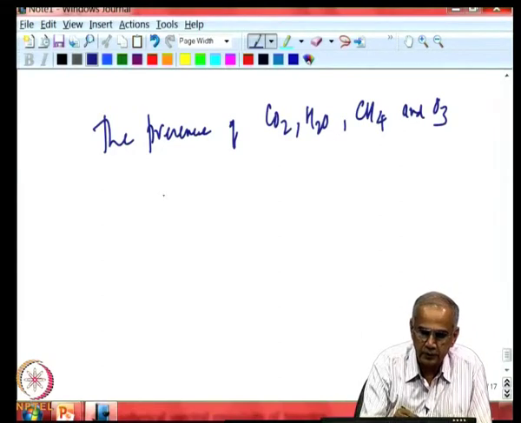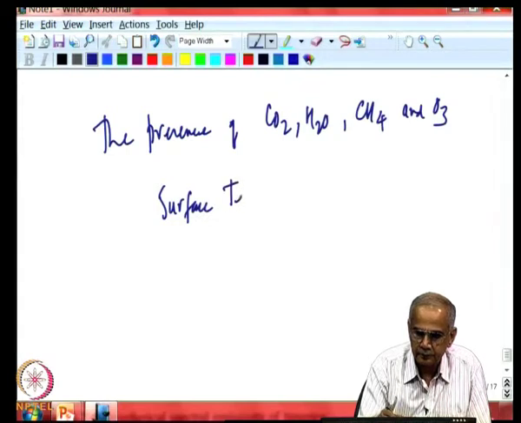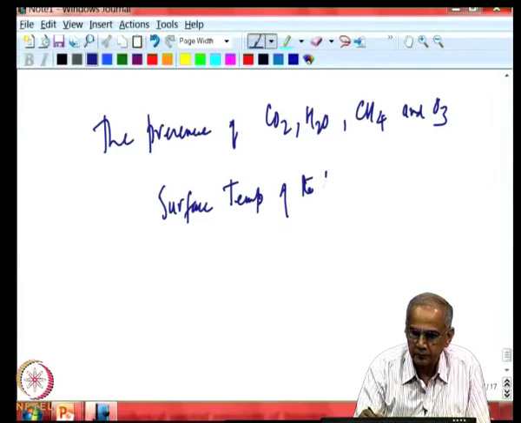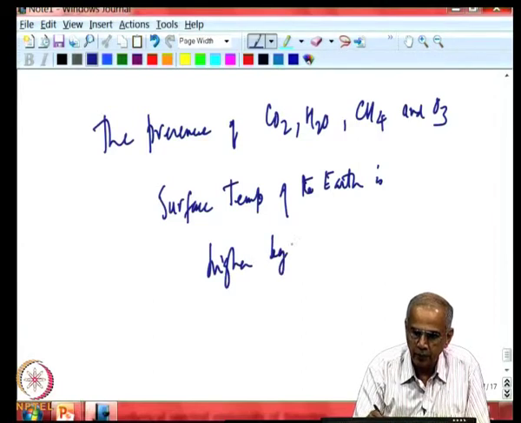The surface temperature of the Earth is higher by about 30 centigrade.